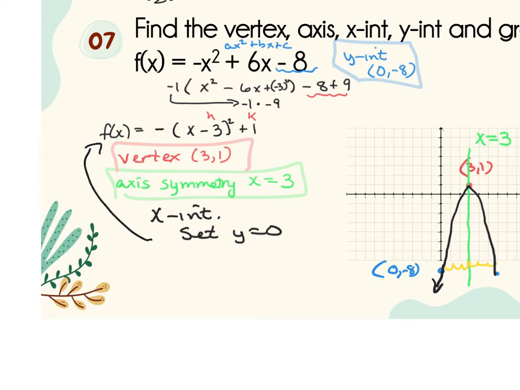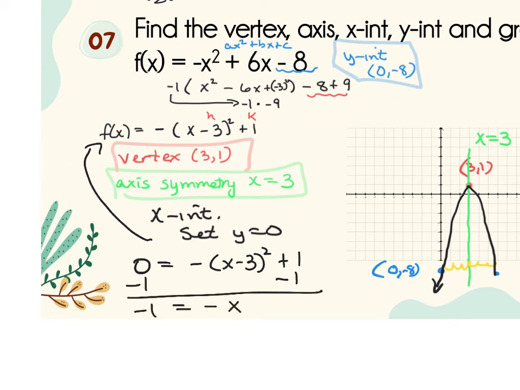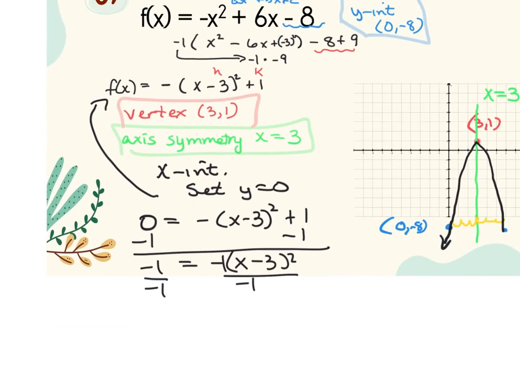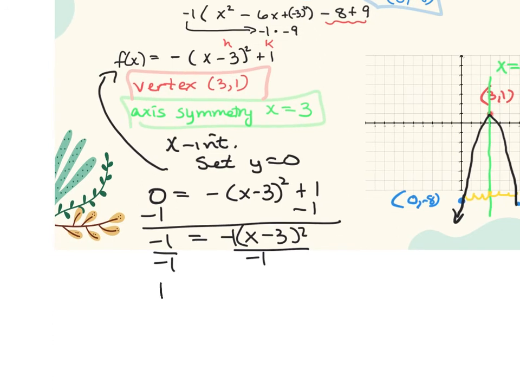So if I take my equation and I set y equal to 0, I'm going to first get rid of the +1 by subtracting it. Next, I'm going to divide both sides by -1 to get rid of that negative sign in front of the parentheses.